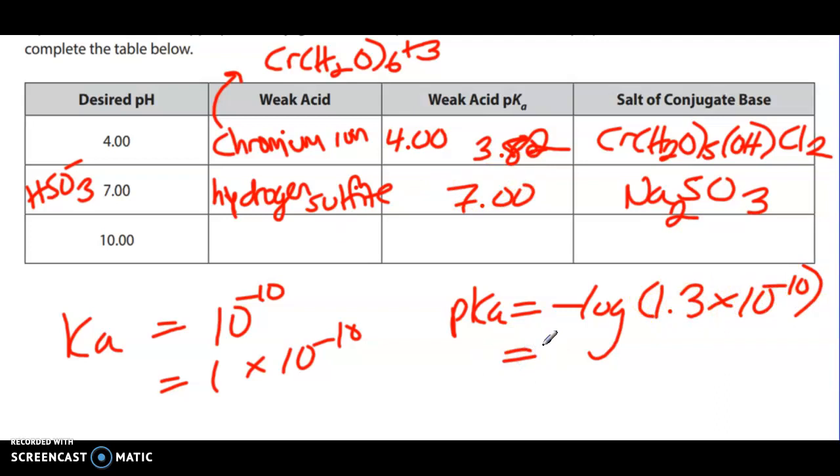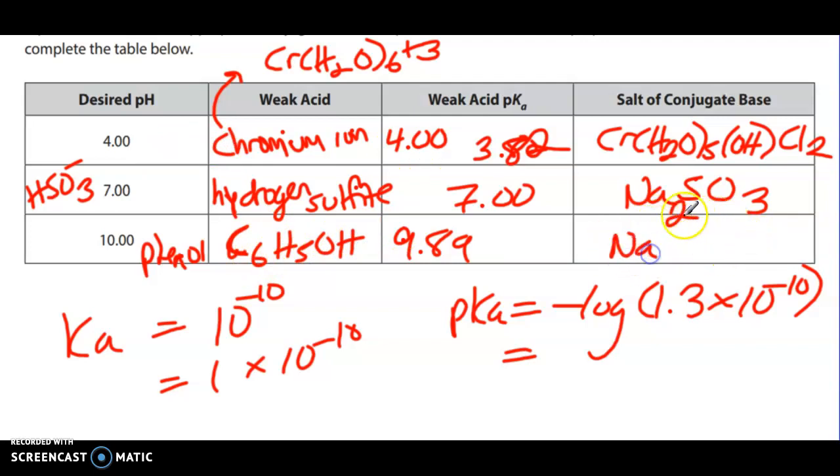So this value here is 9.89, so very close to 10. And then that is going to be our phenol, which is C6H5OH. And then over here, it's going to be C6H5O -1, so we're going to put that with a spectator ion salt.